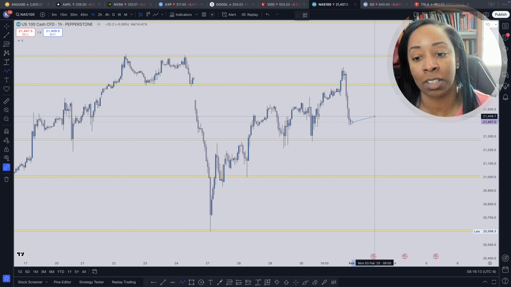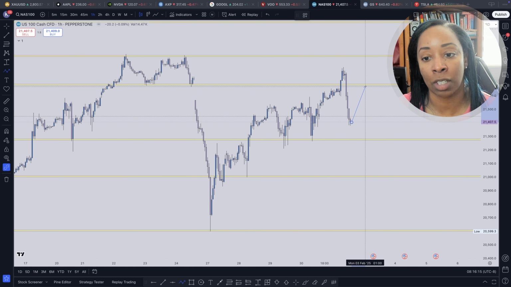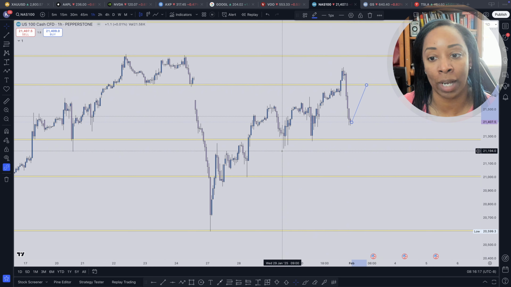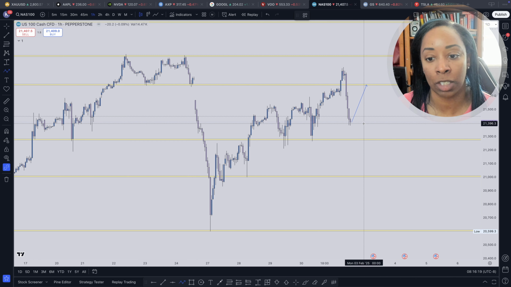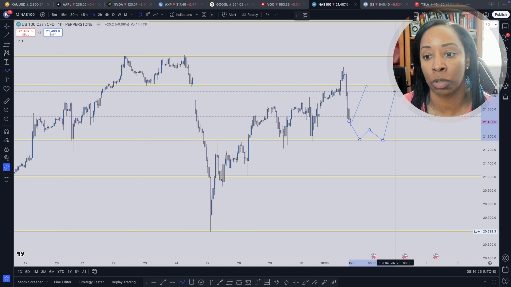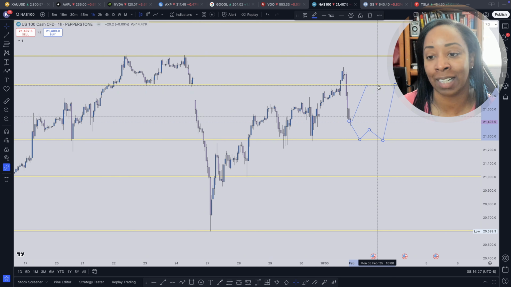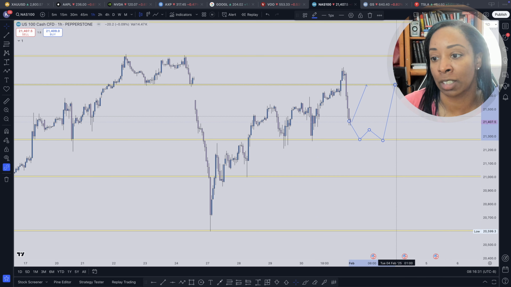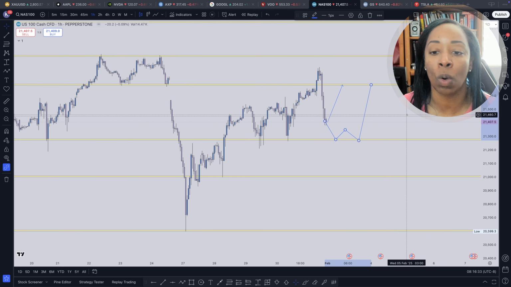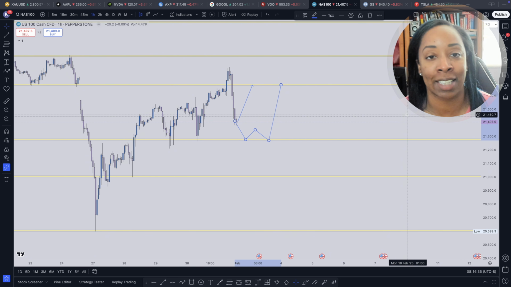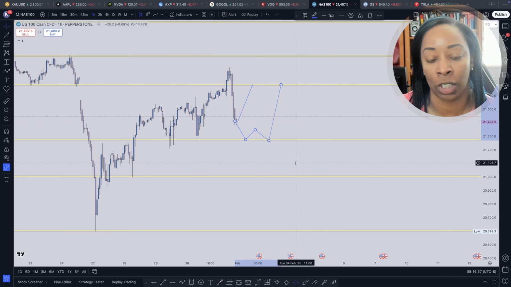So what I anticipate, if price doesn't just immediately come back up to this level and retest, is that price could potentially come down to this level, bounce maybe a couple times, and then push up and make its way back to this resistance level roughly at 21,685. So that is an idea. Actually, that's 2 ideas that I have with this particular market.